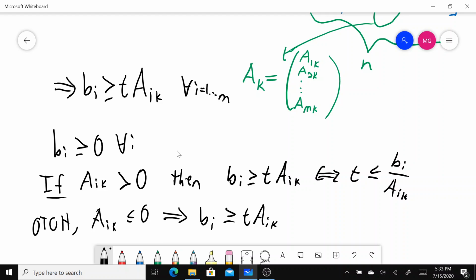So that means the non-basic components are all zeros, but the basic components are exactly the entries of this vector little b here. That's what it means to be a basic feasible solution when you're in canonical form for that basis.